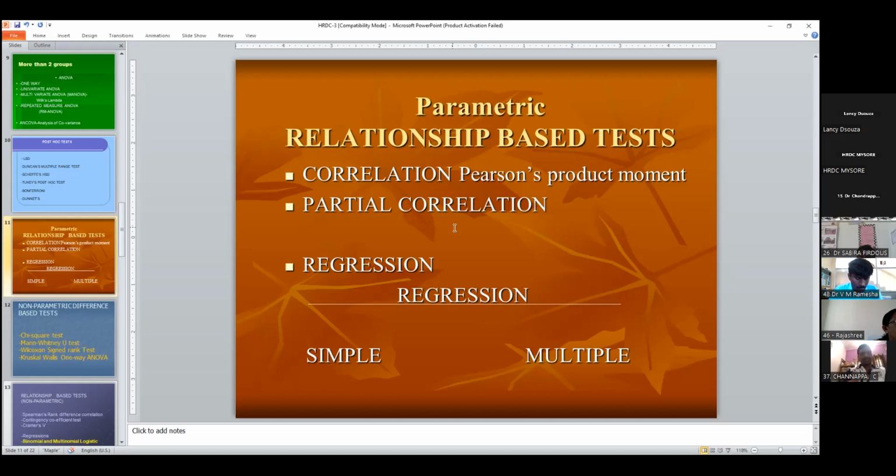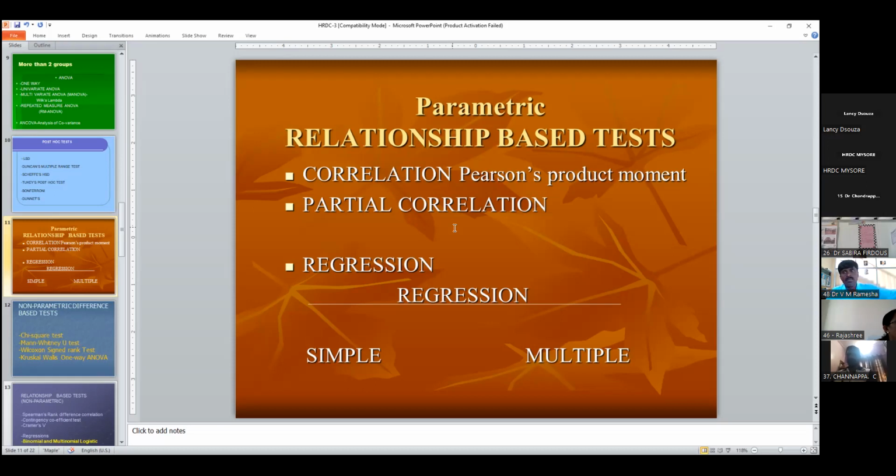And sometimes we have to use partial correlation. Why do we have to use partial correlation? Partial correlation is used when you find that the existing relationship between two variables is being influenced by some other variables which are not in the study frame.